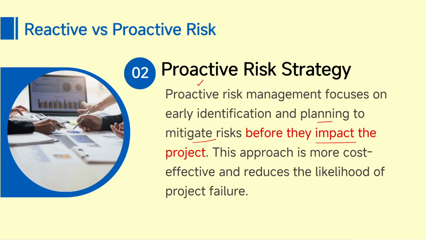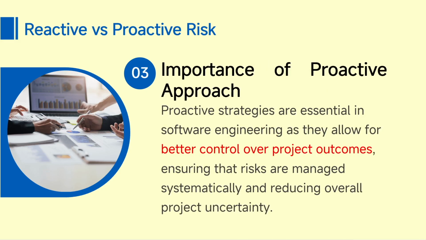So, it is also going to reduce the likelihood of project failure. Importance of proactive approach: the proactive approach is going to produce better control over the project outcomes, such that the risks are all managed systematically, thereby reducing the overall project uncertainty.